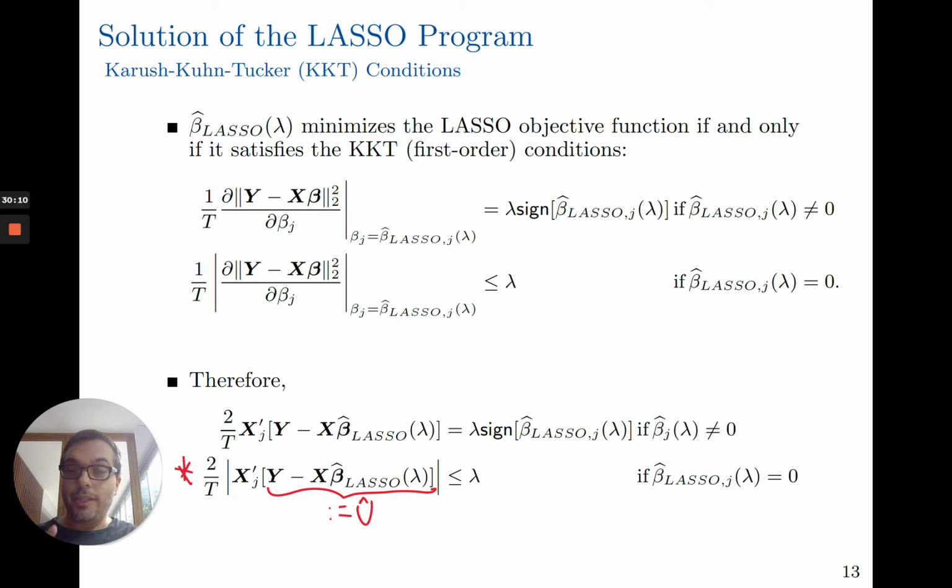And so we are saying that whenever the absolute value of xj prime u hat, divided by t, is less or equal lambda divided by 2. This 2 we can remove from here and put it here.